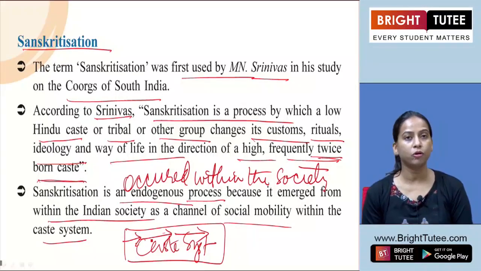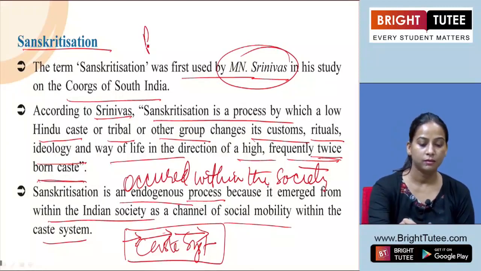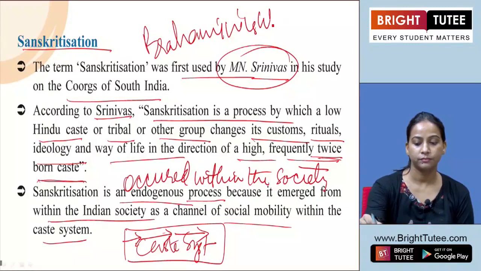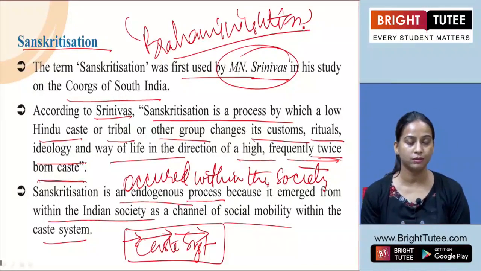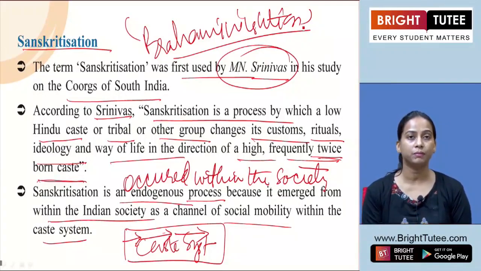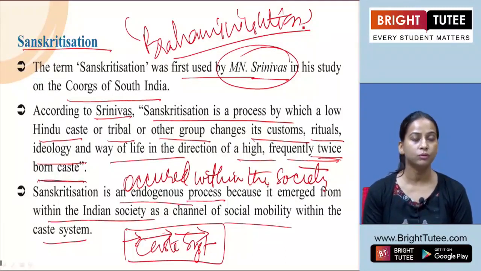In the beginning, Srinivas coined this term as Brahmanization, because according to him, when he was doing the study, it was found that mainly the Hindu low caste people were trying to copy the ideas from Brahmins, the higher class of Hindu caste.